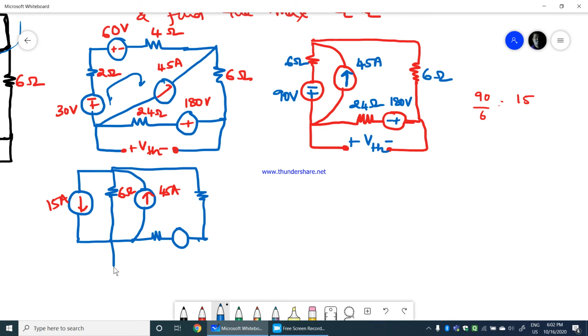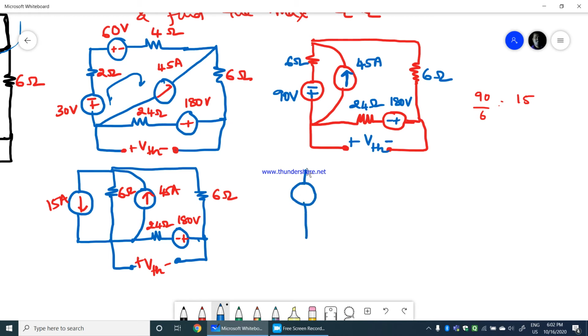Now across this is what we have, VTH, 24 ohms, minus plus 180 volts, 6 ohms. Now again the next circuit would be, these two current sources can be subtracted because they are parallel and in opposite direction.